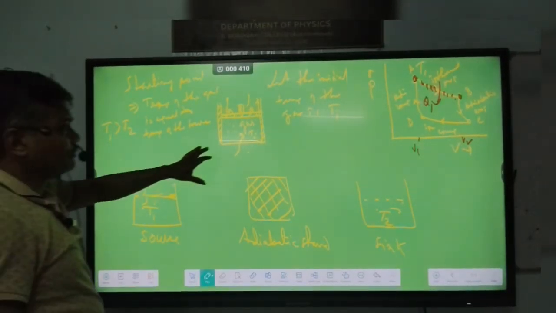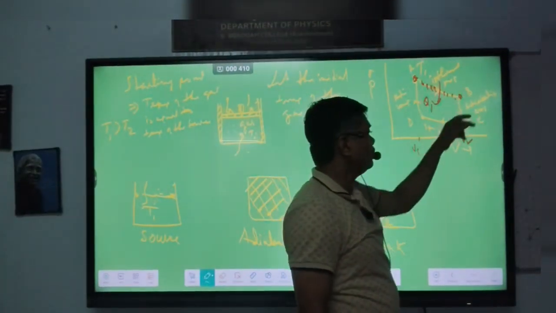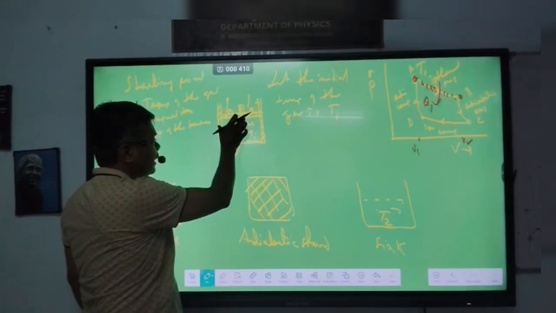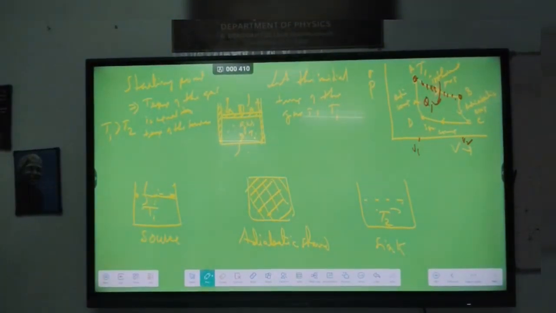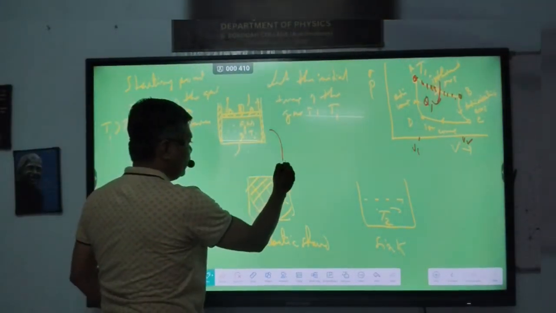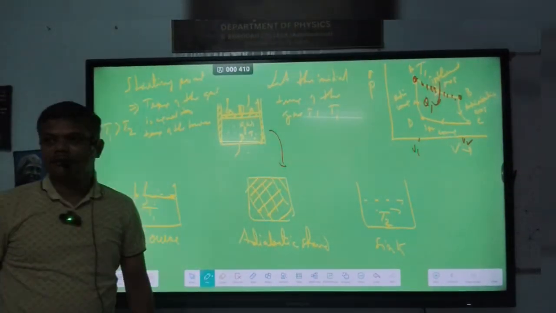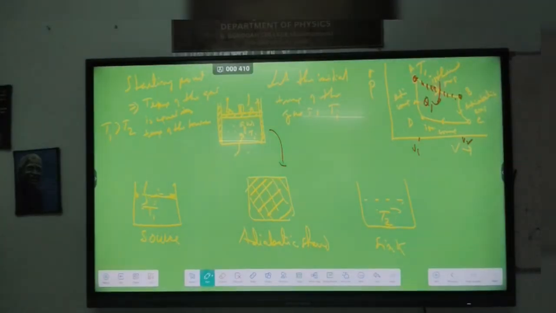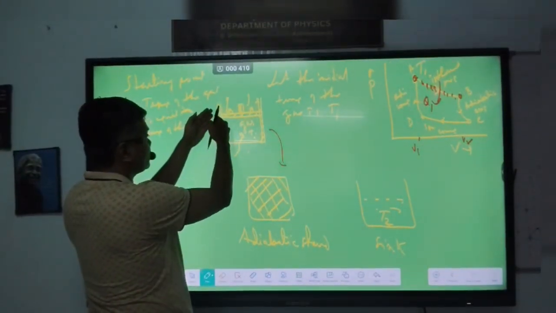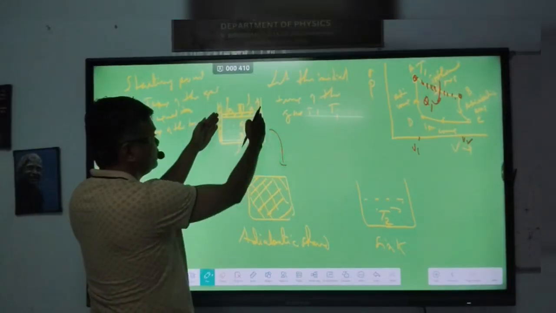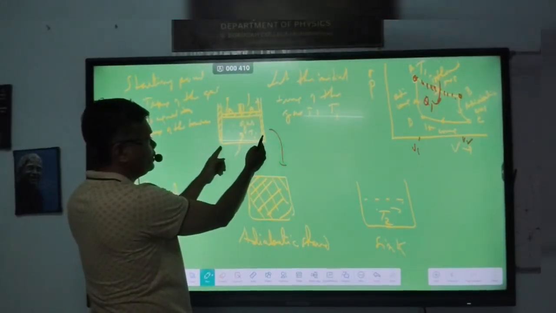Now after reaching B, what we will do, this gas will be put over the adiabatic stand. The gas has to be placed over the adiabatic stand. This whole system has to be placed over the adiabatic stand. Now if you place it over the adiabatic stand, there is no way of transferring heat from these other sides, only way is this.